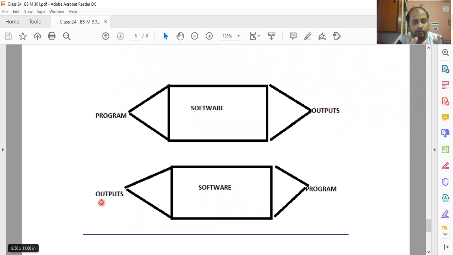YouTube, the inbuilt software, will try to analyze and find out whether your choice or your timing has some sort of linear relationship between them or not. And if it can fit it, it will give you many more hits of upcoming movie trailers, so that you can hit on them. So that is how, and this is machine learning. This is nothing but machine learning, where regression is used as a basic tool.